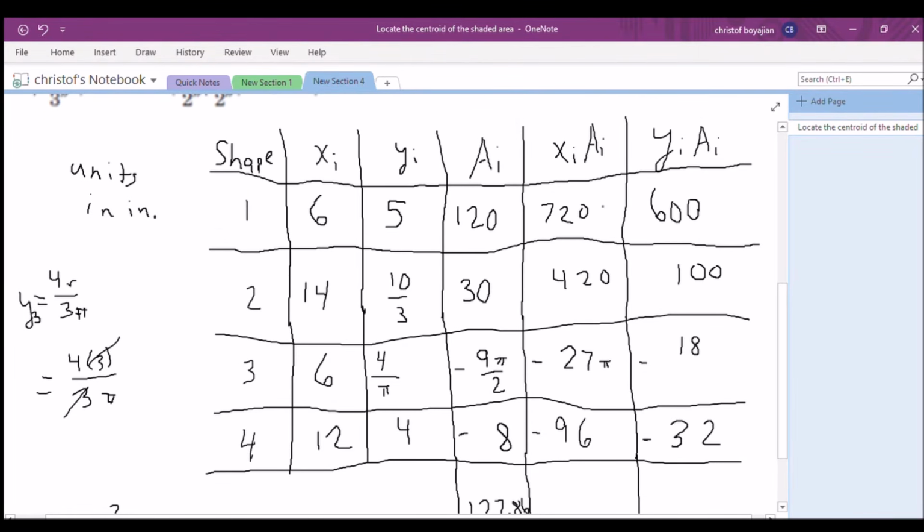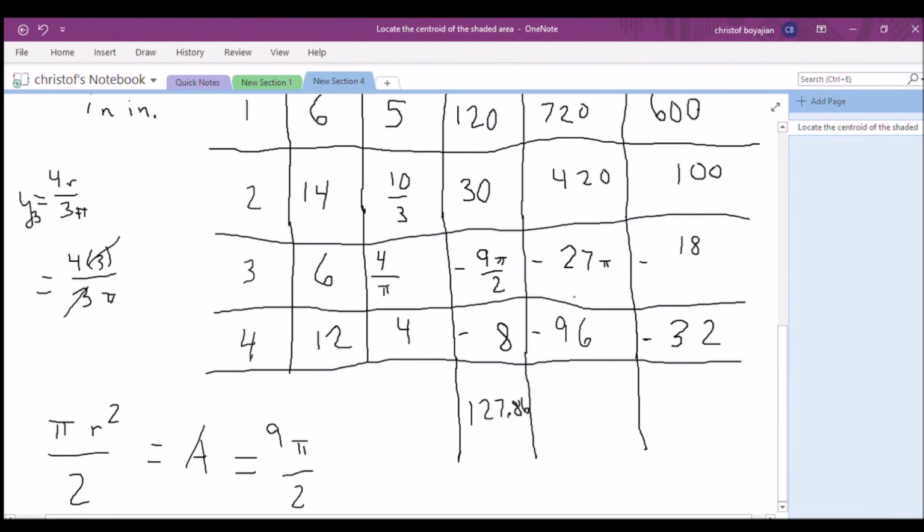And then go ahead and do this. So 720 plus 420 minus 27 pi minus 96 should be 959.17. So let's go ahead and write that, 959.17.